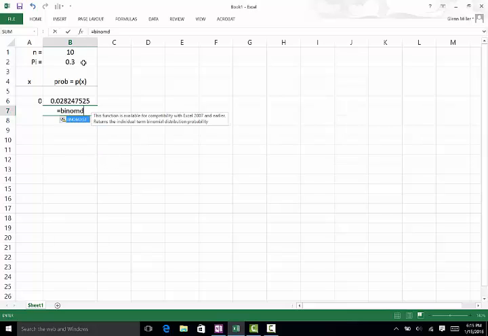Again, binomial dist for 1 out of 10 with a probability of success of 0.3, and 0.121.